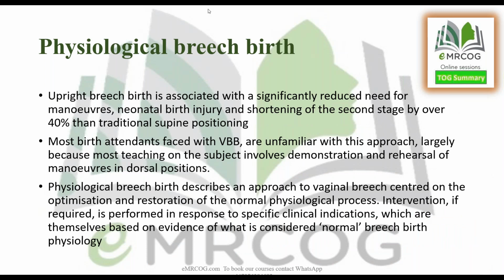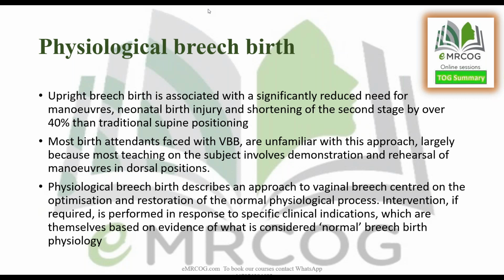Number one, an upright breech birth, where the mother stays in the upright position, is associated with a significantly reduced need for maneuvers, reduced neonatal birth injury, and shortening of the second stage by over 40% compared with the traditional supine positioning.